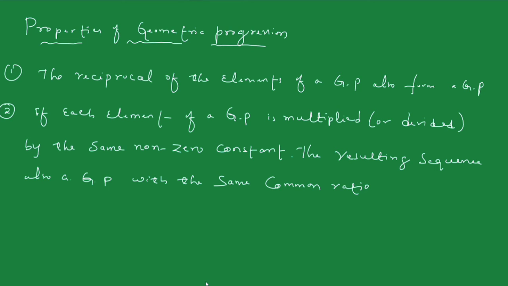If each element of a GP is multiplied or divided by any same non-zero constant, then the resulting sequence is also a GP with the same common ratio.